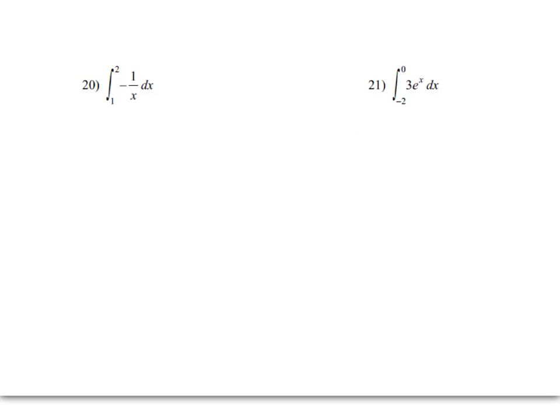20 is another natural log because it's an x to the positive first power on bottom. That's how I know it's a natural log. The negative in front is going to make this be negative natural log of x from 2 to 1. And so this time the absolute value bars don't really matter because they're already positive.